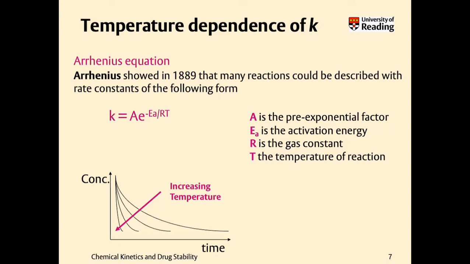The rate constant k equals A, which is a pre-exponential factor, so a constant, times e to the power of minus Ea, which is our activation energy, divided by R, the gas constant, times T, the temperature. This means as you increase the temperature, the reaction will go faster, as they will have less of an impact from the activation energy.